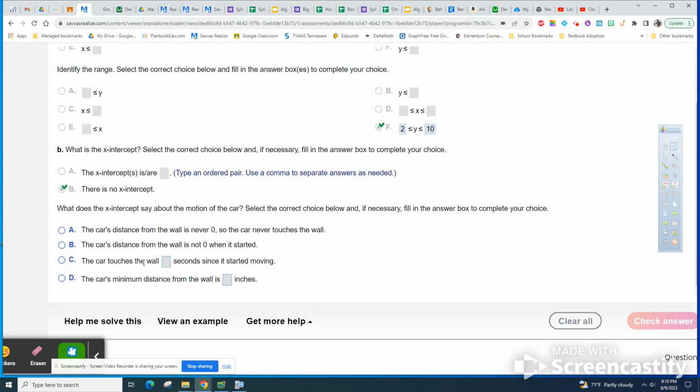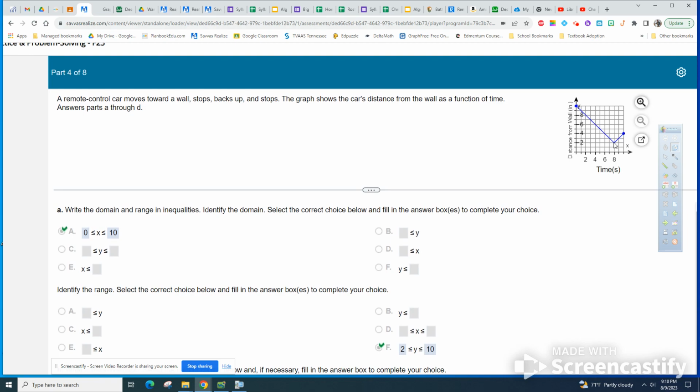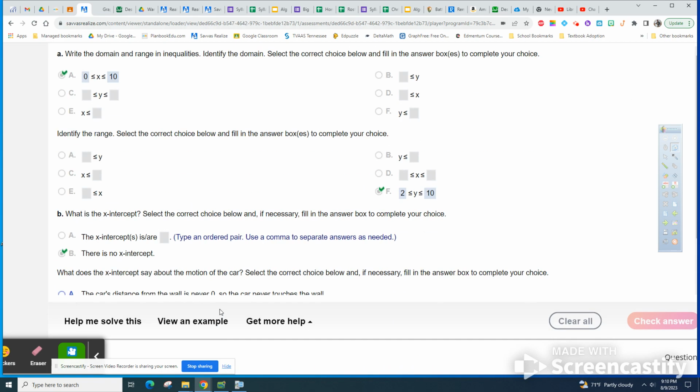The car touches the wall. Zero seconds since it started moving. Yeah. Its maximum distance from the wall was 8, but not its minimum.